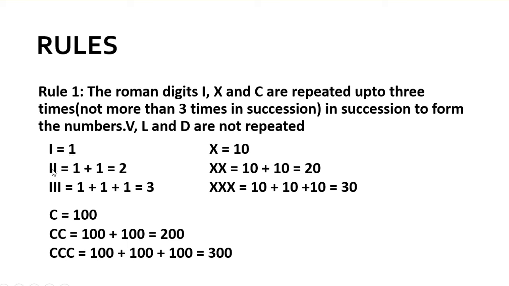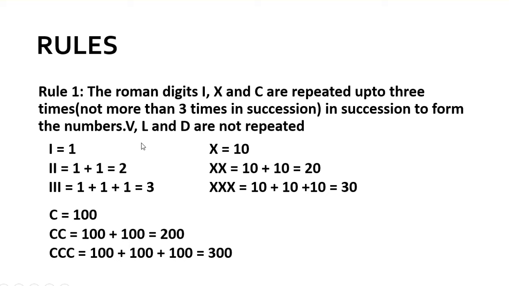That is repeated 2 times means it is 2. 3 times means it is 3. And this symbol X, it is 10. When it repeats 2 times, it is 20. When it is repeated 3 times, it is 30. The same case C stands for 100, and when it is repeated 2 times, it is 100 plus 100, 200. When it is repeated 3 times, it is 300.